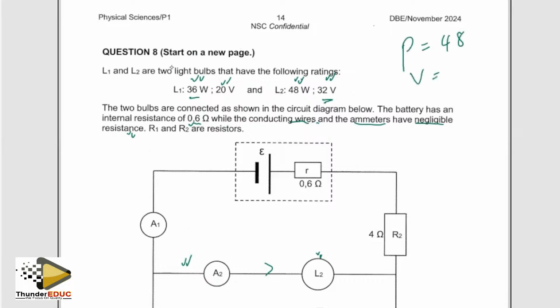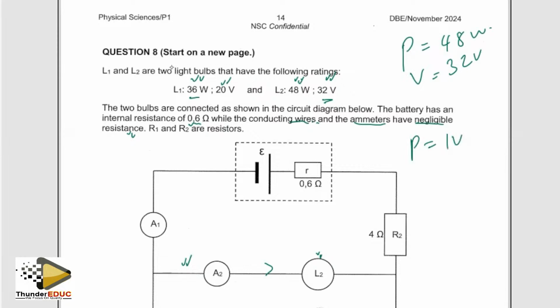And then the voltage or the potential difference is 32 volts. So the formula of power that combines current and voltage is that P is equal to VI. Yeah? P is equal to IV or VI.